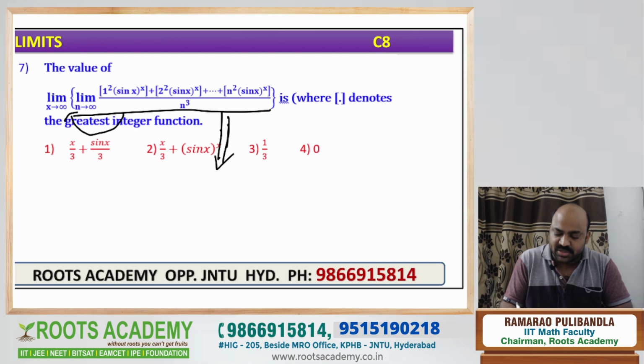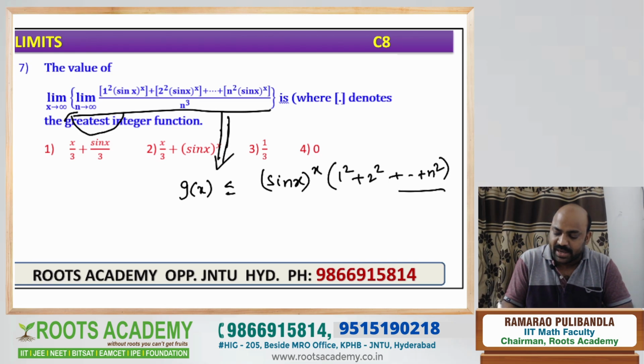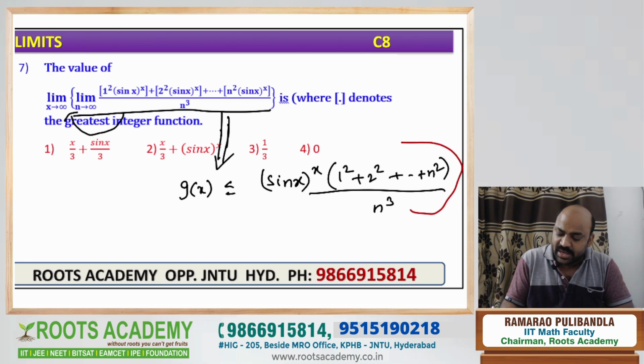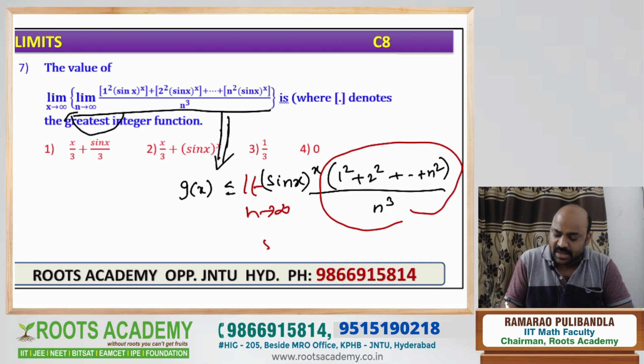Inside, the sandwich theorem you can say like this now. Students, sin x whole power x into what is that? 1 square plus 2 square plus n square by n cube. Till now we did the same story. This is nothing but when n tends to infinity. Students, can you say? sin x whole power x will come out. Can you say the reason why sin x whole power x will come out?